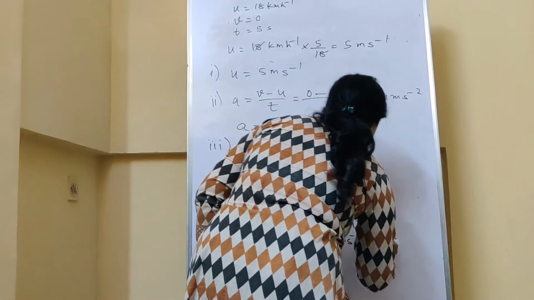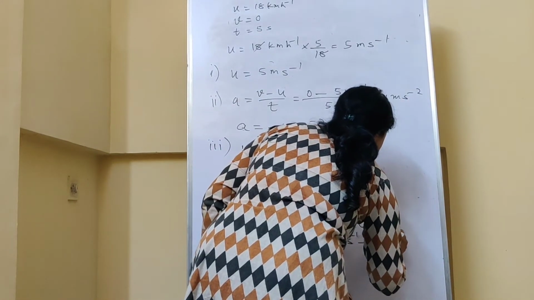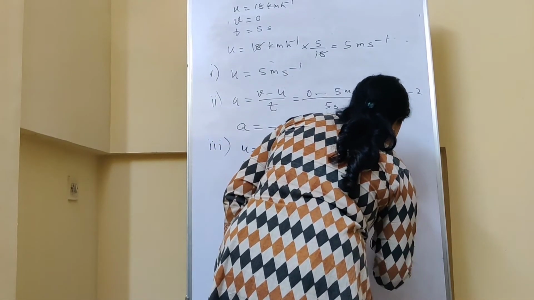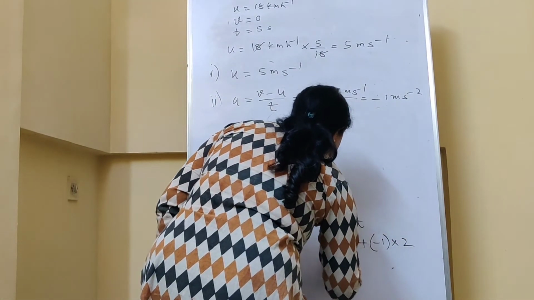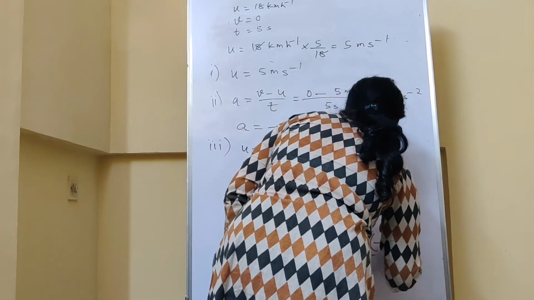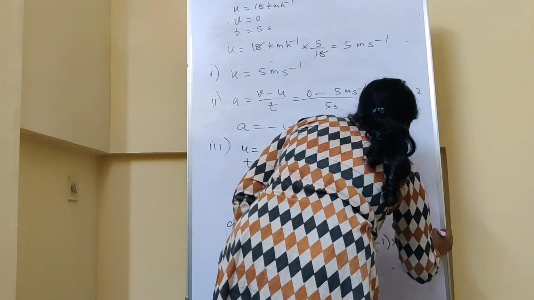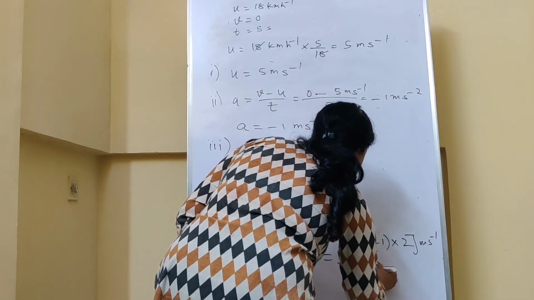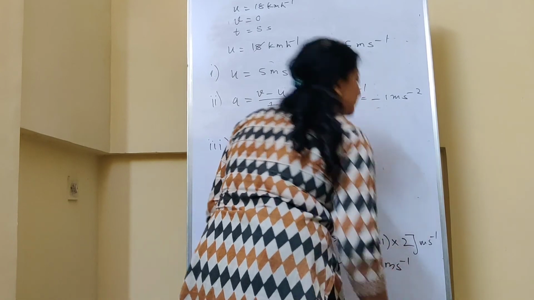A is minus 1. And what is your time? T is 2 seconds. So here we will get 5, all this in meters per second unit. So 5 minus 2, that is 3 meters per second is the answer.